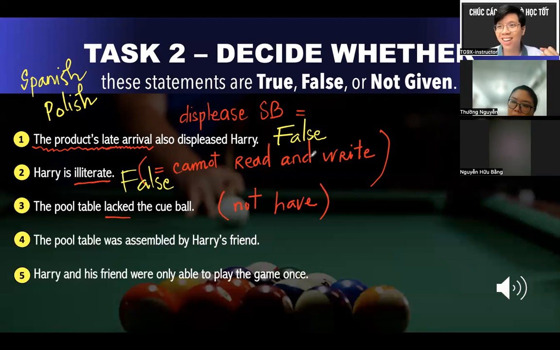I agree with you. However, throughout the text, there is one piece of evidence, not about the booklet. Okay, the booklet is not enough. I agree with you, Huệ. But elsewhere in the text, there is one clue that shows us about Harry's ability. He can read and write. Do you know? At the end, I heard that he writes a letter.